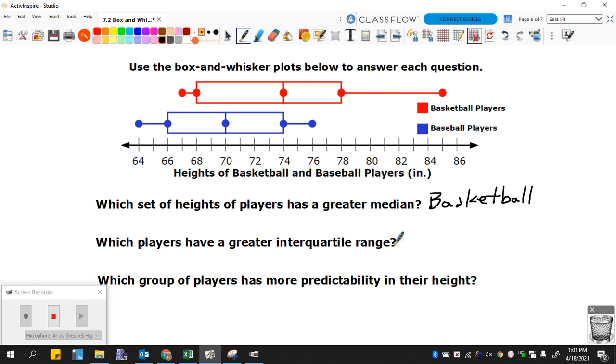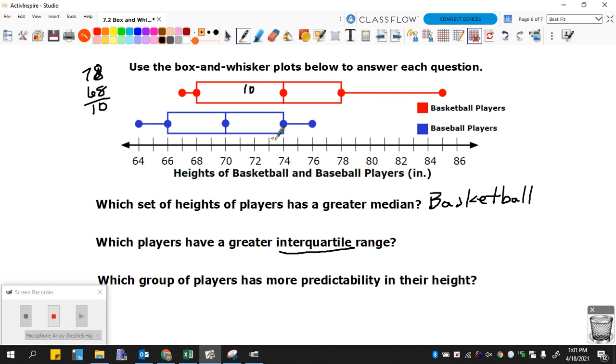Which players have a greater interquartile range? Okay, remember range from the last lesson. Range is just the difference from the smallest to the largest, but we're talking about the interquartile range. Okay, so if we look at it here, the basketball player's box, the difference from here to here, looks larger than it is from here to here. Well, if I look, that would be 78 minus 68, so that's an interquartile range of 10, okay?